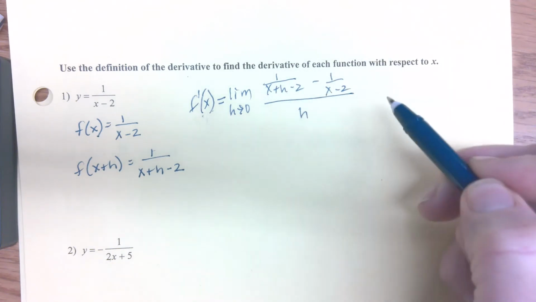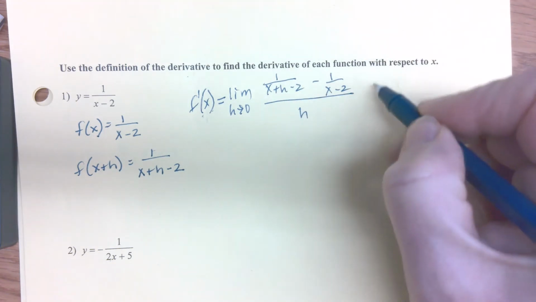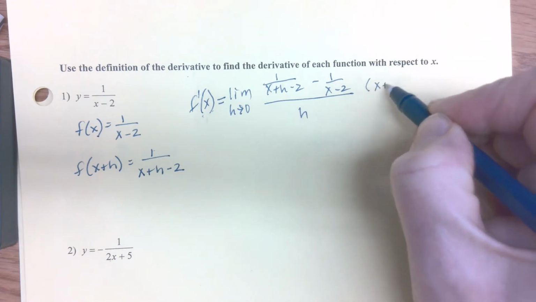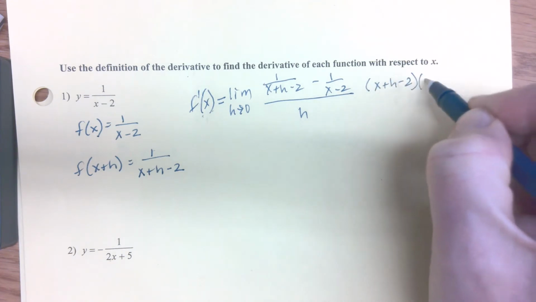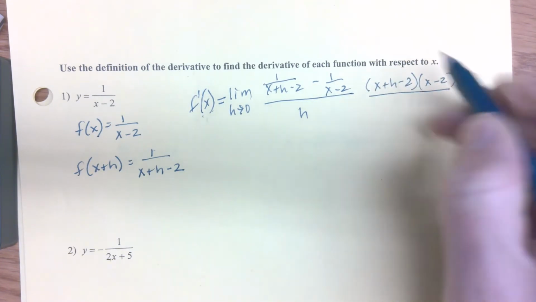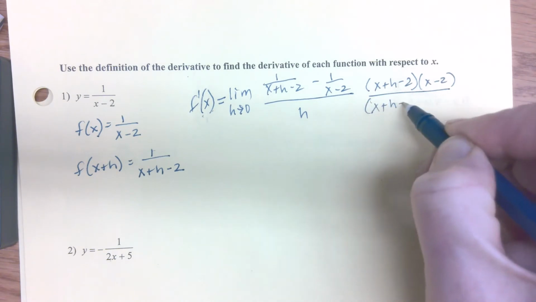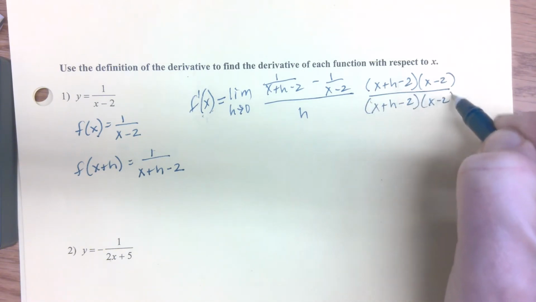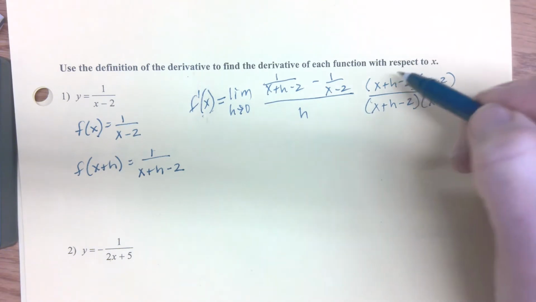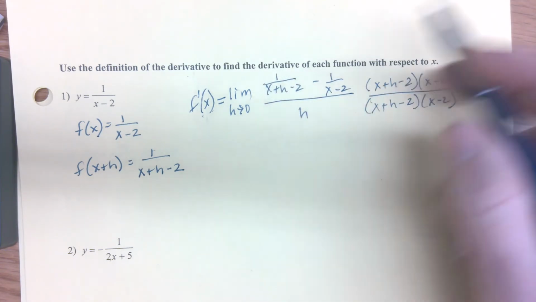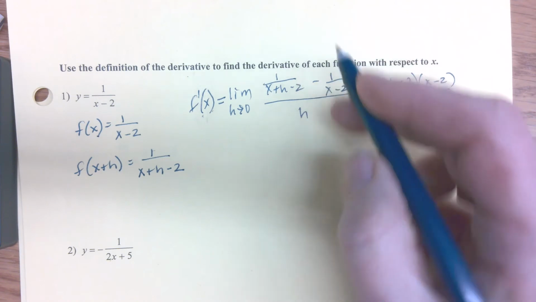What I want to do is get rid of the denominator. So I'm going to multiply the top and the bottom by the common denominator. And it's just the denominator of each of them. And when I do that, in the first fraction, the x plus h minus 2 cancels out.